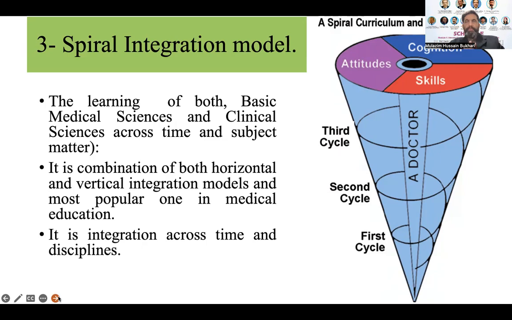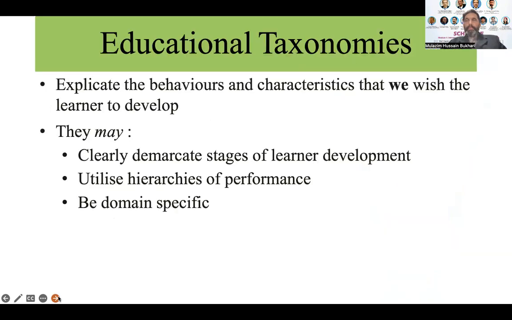It is a combination of both horizontal and vertical integration. It is the most popular in medical education, and I think it is a more successful model, integrated across time and discipline.